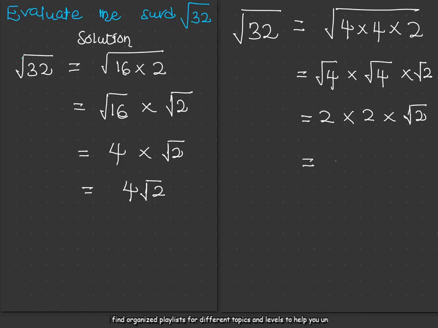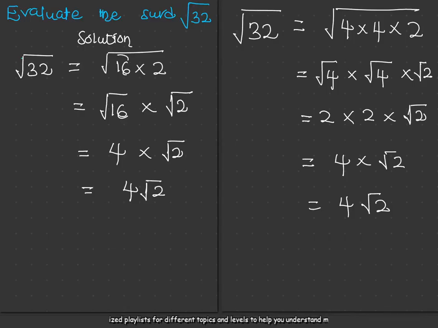So 2 times 2 gives us a 4, and then 4 times the square root of 2 gives us 4 root 2. Then as you can see, we have arrived at the same answer. So any method works. But for a quicker way, just take the biggest perfect square which is the factor of the radicand you have over here.